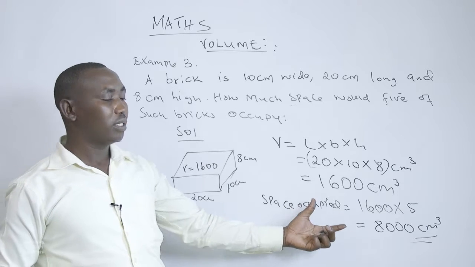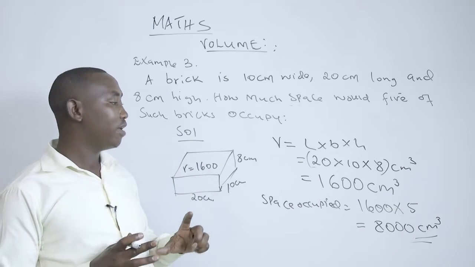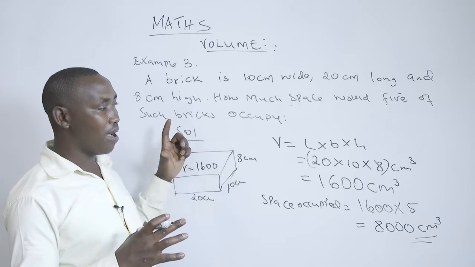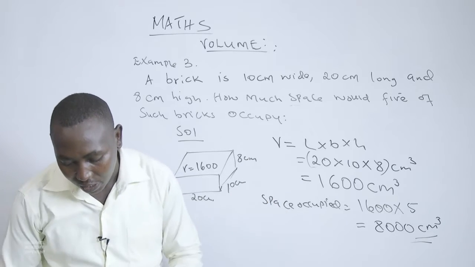So this is the total space that will be occupied when we have 5 bricks combined together, or 5 bricks of dimensions 20 by 10 by 8.